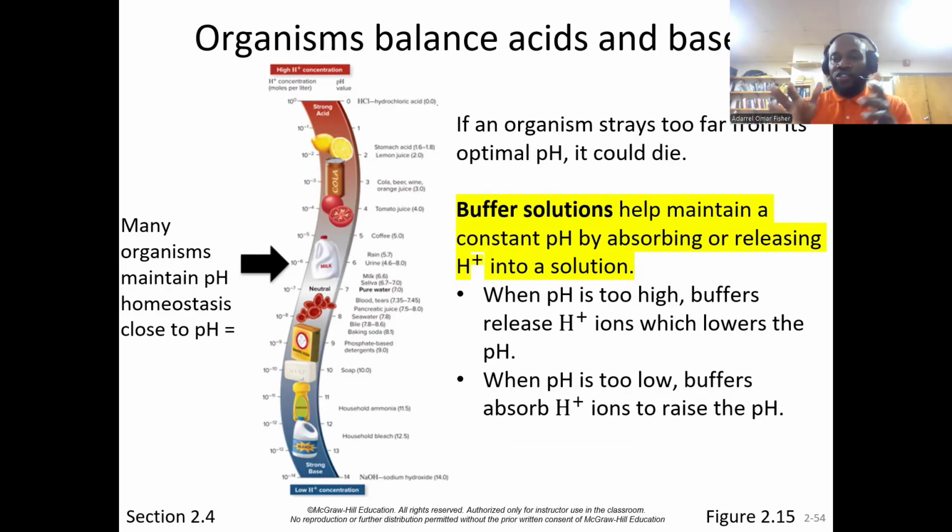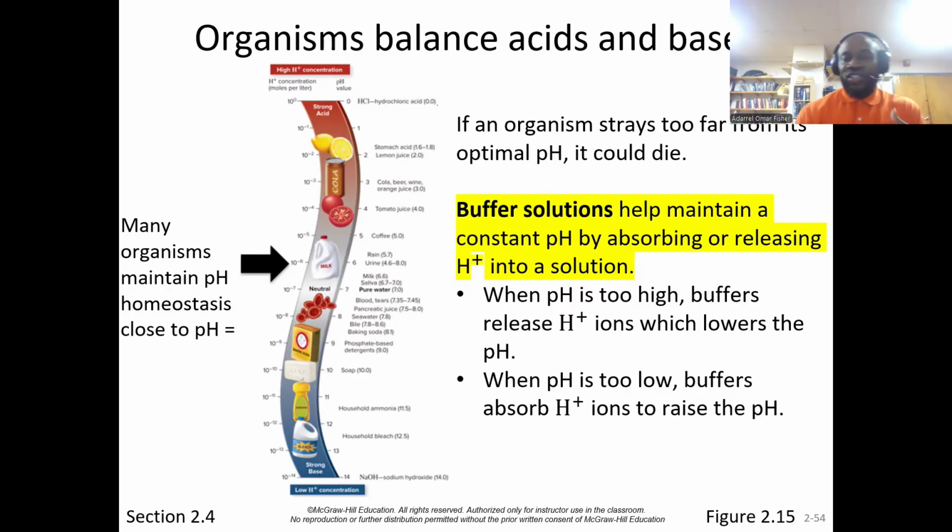And so if your body gets too high, which means too basic, then it will release hydrogen ions. If it gets too low, too acidic, then it will absorb hydrogen ions in order to raise the pH.